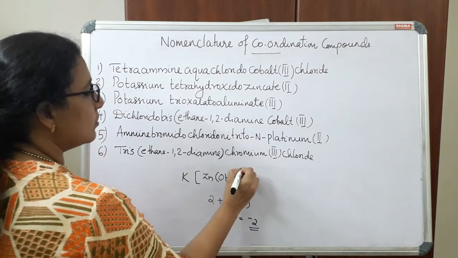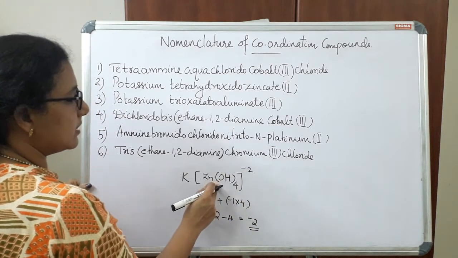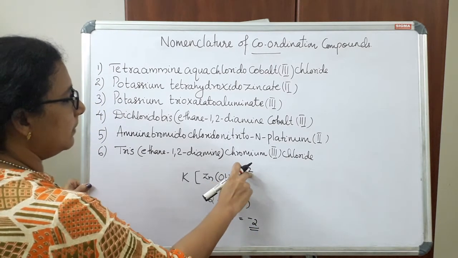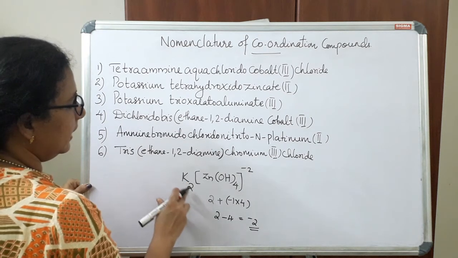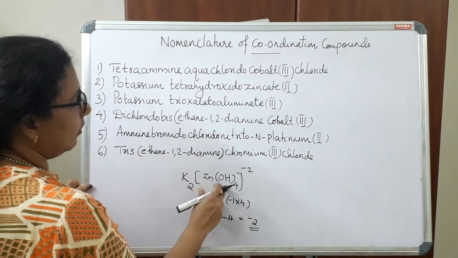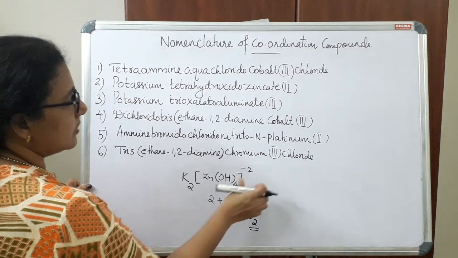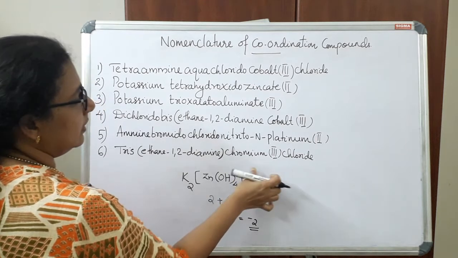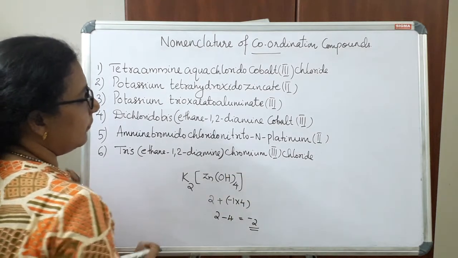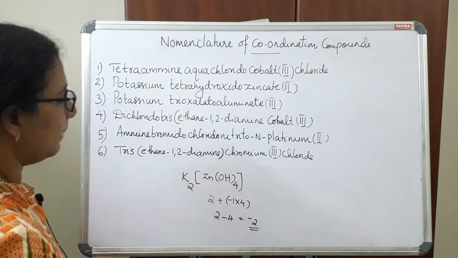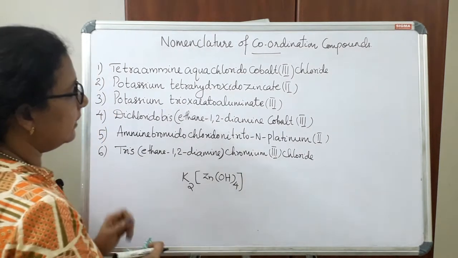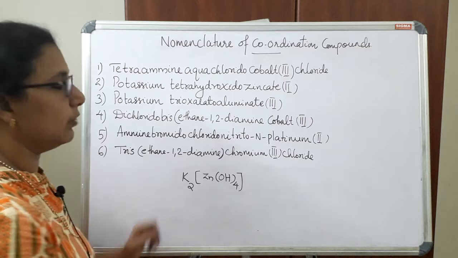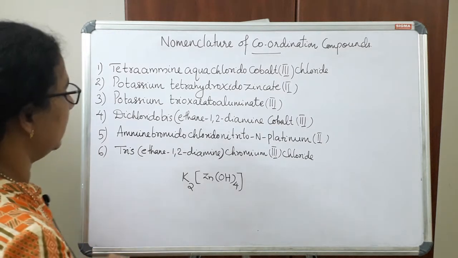So minus 2 is the charge of this complex part and this 2 will come as the subscript. So the formula will be K2[Zn(OH)4]. We are not writing the charge of that complex part. So this will be the formula.